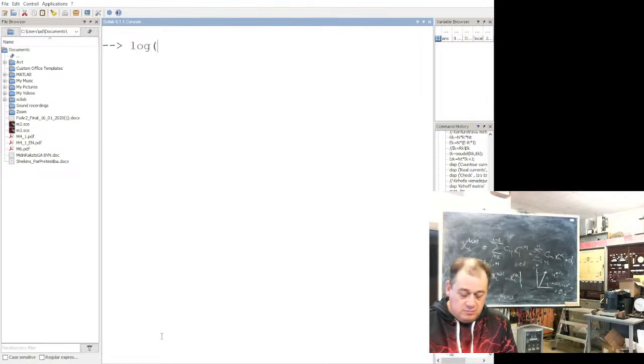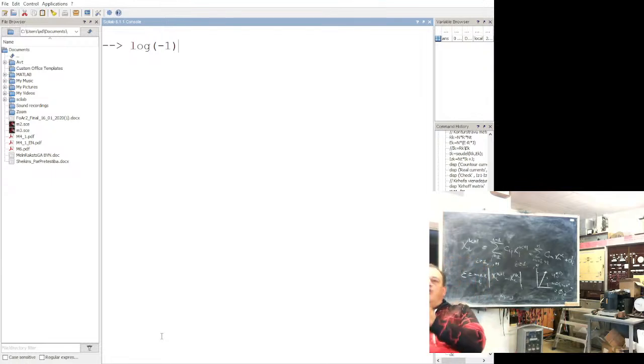But logarithm of minus 1. This is a trap for students who say we got math, we got electronics. What's the answer? Log of minus 1. What's the log function? The power of e that should be put in to get the value. What's the answer?